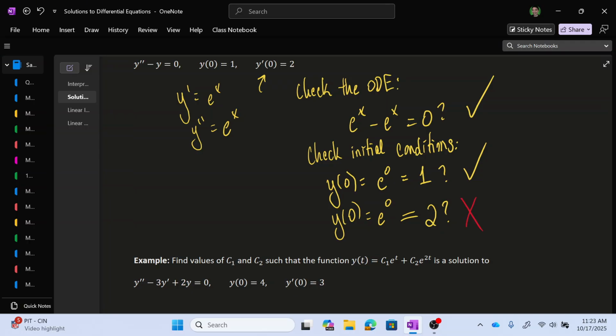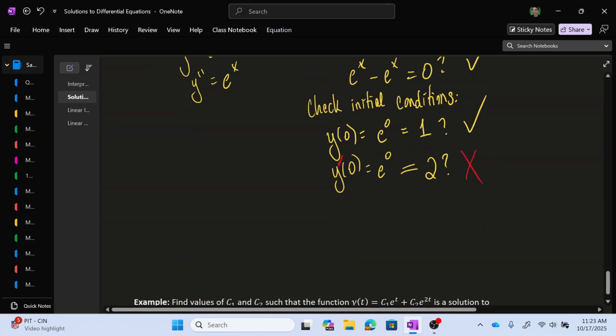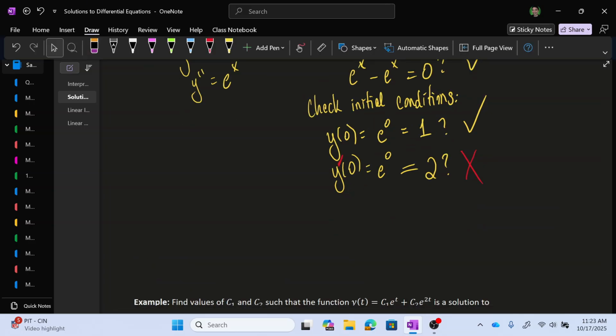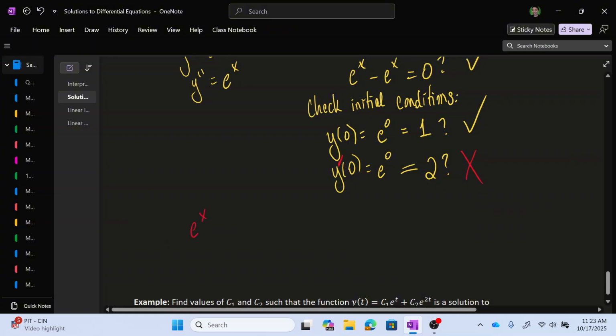So because this function did not satisfy all three of these stipulations, this function is disqualified as a solution to this initial value problem. e to the x is not a solution to the initial value problem, even though it was a solution to the differential equation.